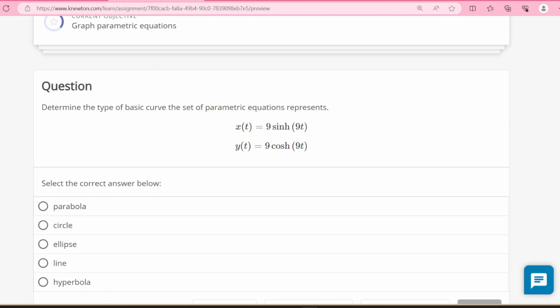So I'll refresh you here. They're asking us to determine the type of basic curve a set of parametric equations represents. Is it a parabola, circle, an ellipse, a line, hyperbola? Now, it said the word hyperbolic. These are called the hyperbolic sine, hyperbolic cosine. That's why the h is on the end of them. This is going to be a hyperbola. All right, and I'll show you.